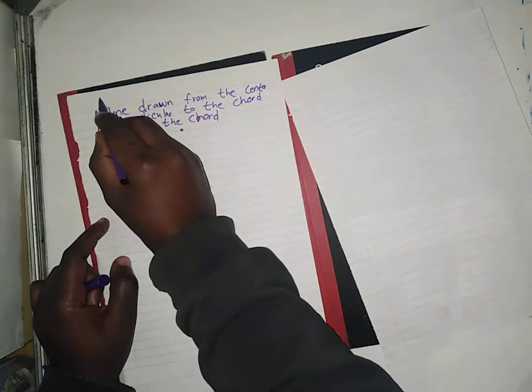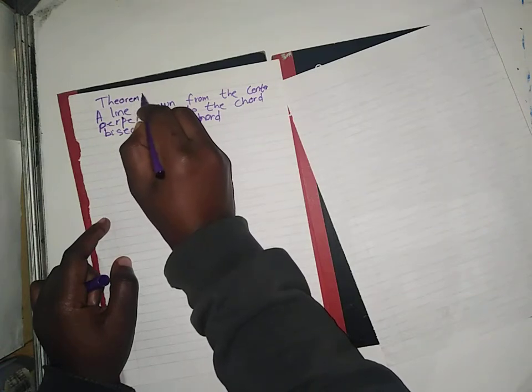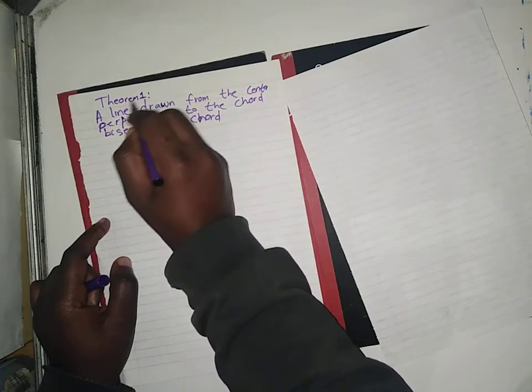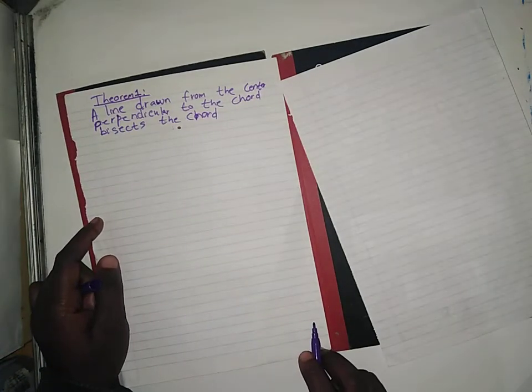Okay, this is theorem 1. A very important theorem, wonderful people, which is also examinable, which means you must know it, you must know the proof of that theorem as well.